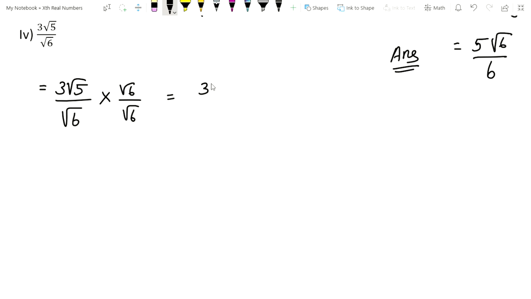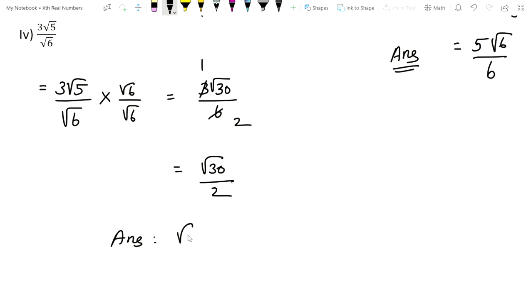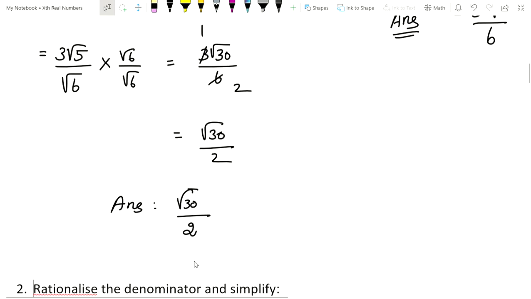Root 5 into root 6, 5 sixes are 30, divided by root 6 into root 6, what will you get? 6. 3 ones are 3, 3 twos are 6. So what is the answer? Root 30 by 2. So the answer, children, is root 30 by 2. You understand, children?